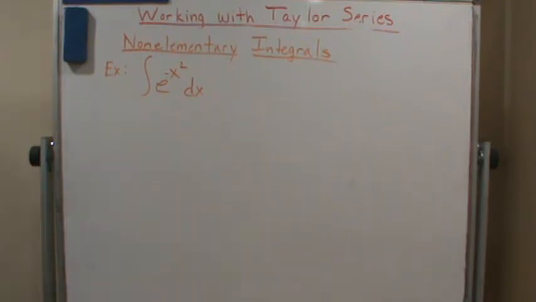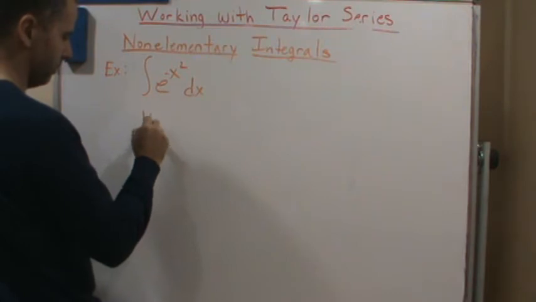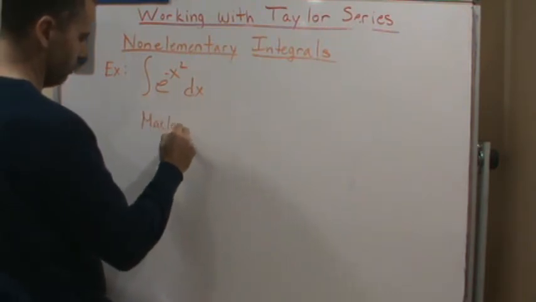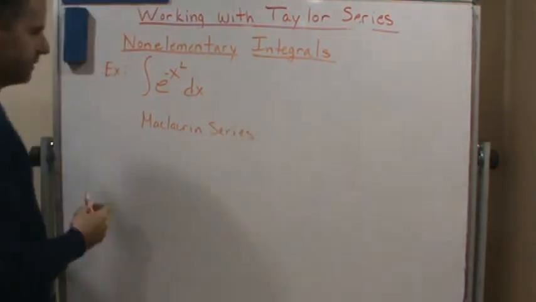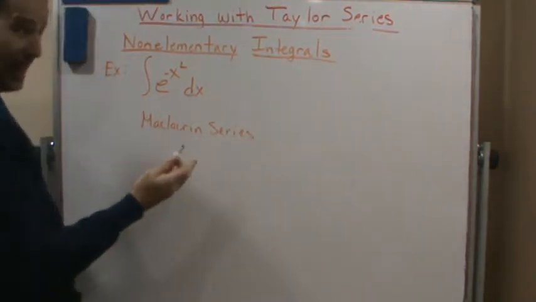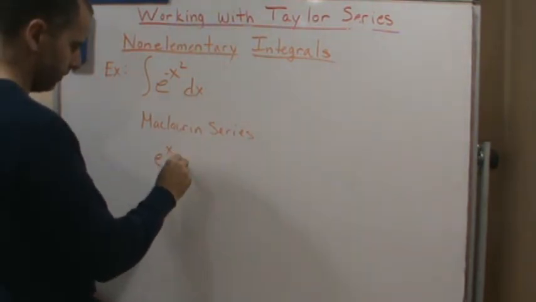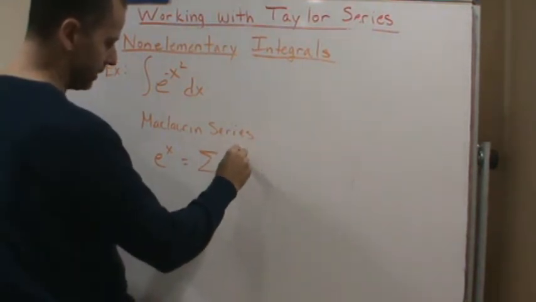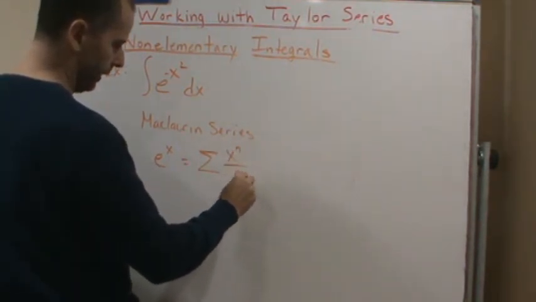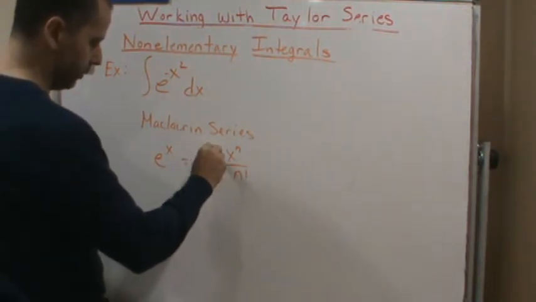So we need the Maclaurin series for this. We know e to the x is given by the sum of x to the n over n factorial, for n equals 0 to infinity.